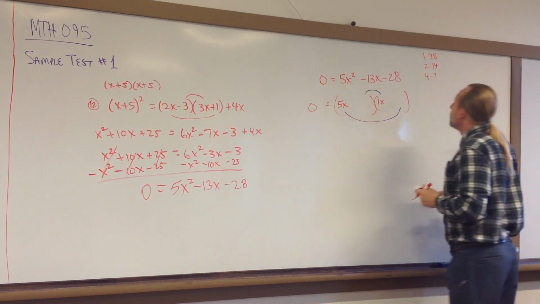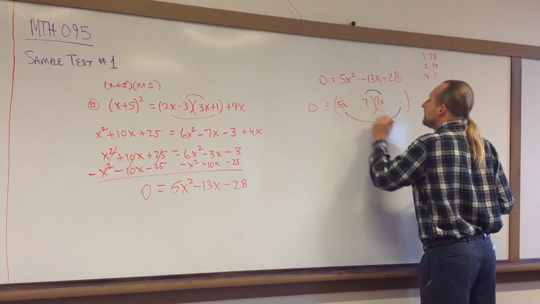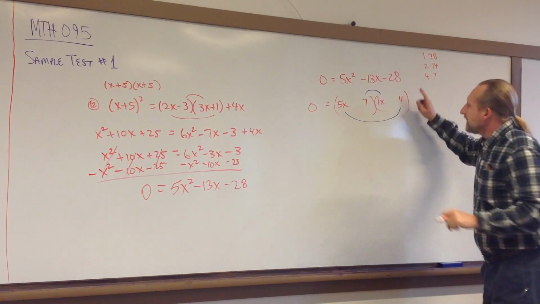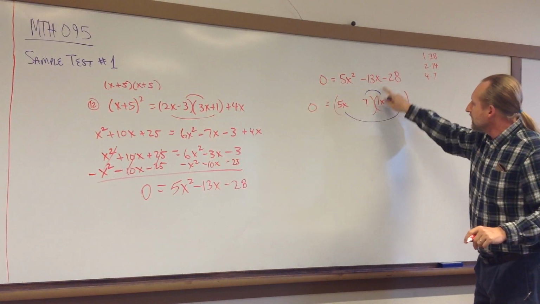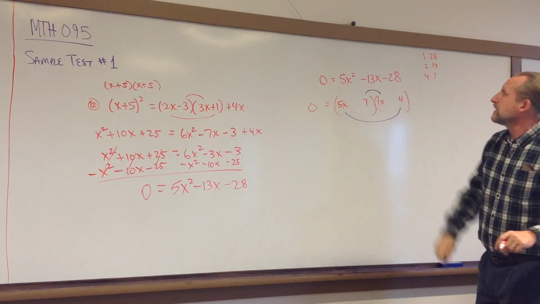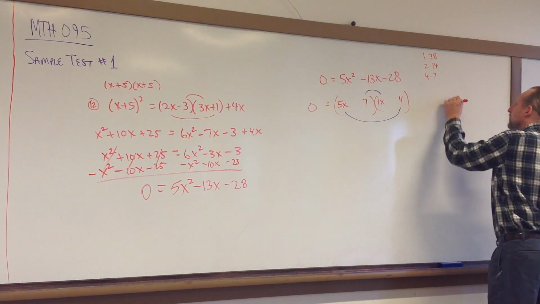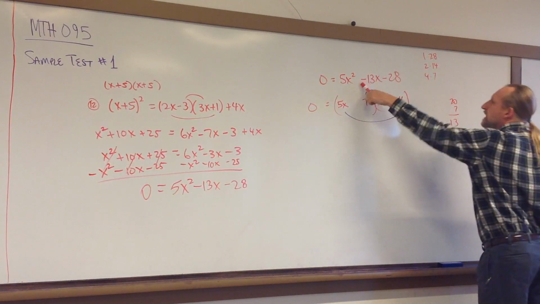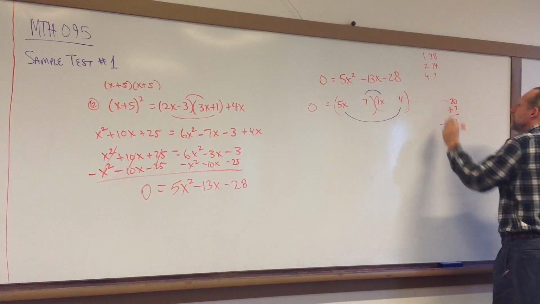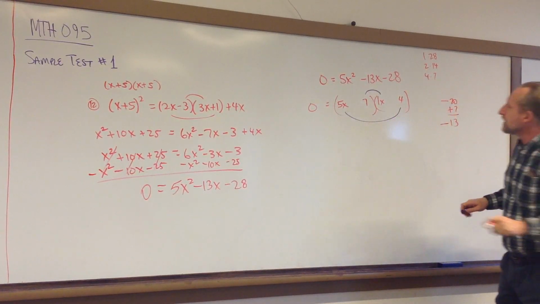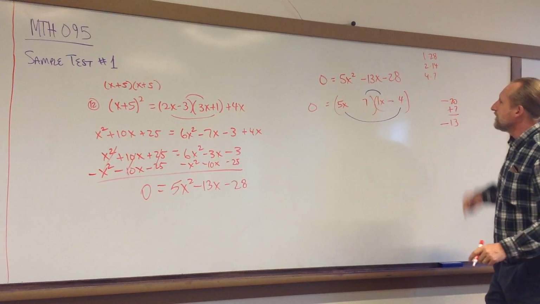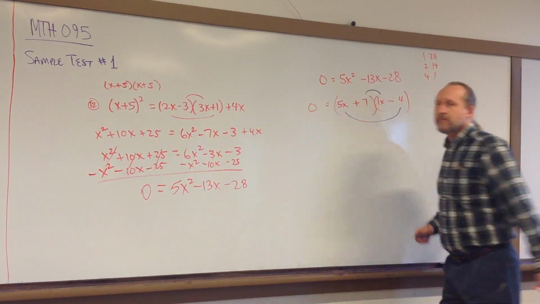I'll try the 7 here and the 4 here. That'll give me 20 minus 7 gives me the 13. Excellent. This is a negative 13, so the 20 has to be negative, and the 7 has to be positive.